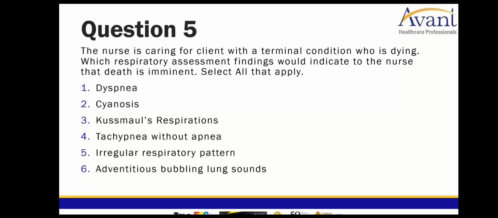Number 3, Kussmaul's respiration. Number 4, tachypnea without apnea. 5, irregular respiratory pattern. 6, adventitious bubbling lung sounds. Once again, pause the video, think of the question, apply your 6 steps, and answer each answer individually.